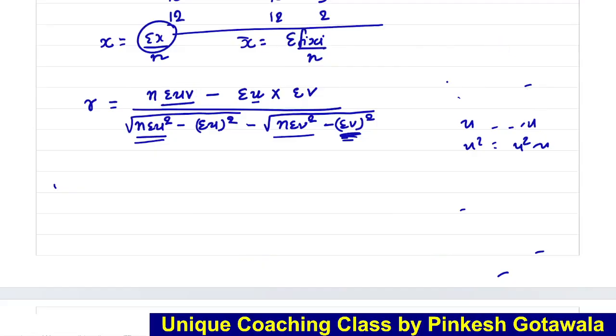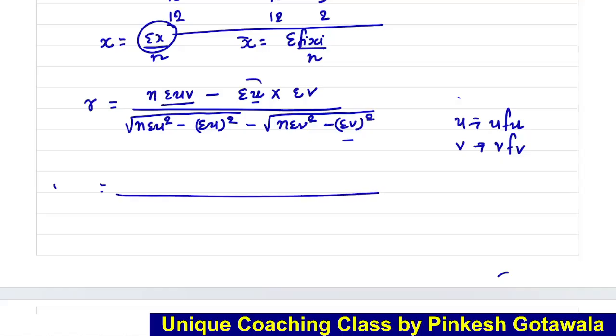Here you have to just remember some basic rules. Whenever you get u in the formula, it would be multiplied with frequency fu. If you get v, it would be multiplied with frequency fv. That's it. So first of all, sigma u becomes sigma u fu.